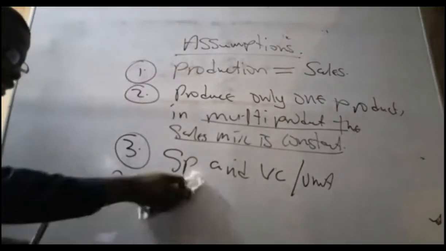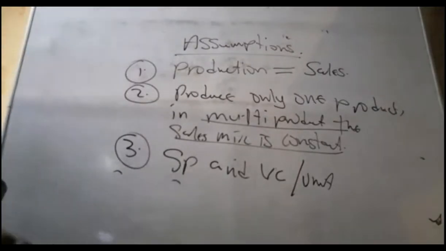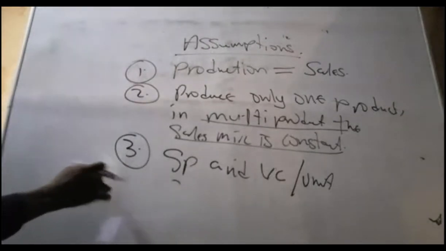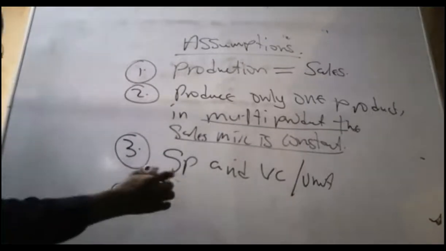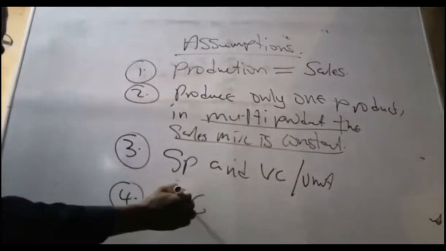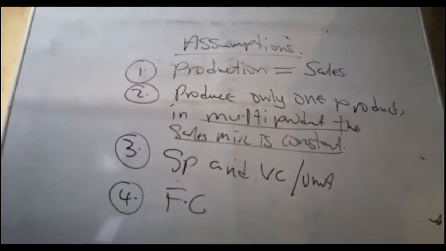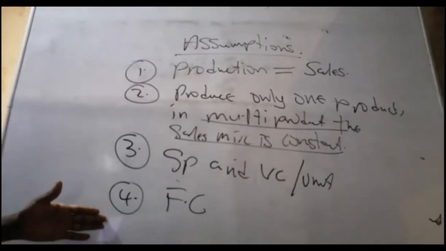Yes. Now let's go to point 4. It also assumes that the fixed cost remains constant at all levels of activity or period. The fixed cost is what? Constant. This is not true in reality.